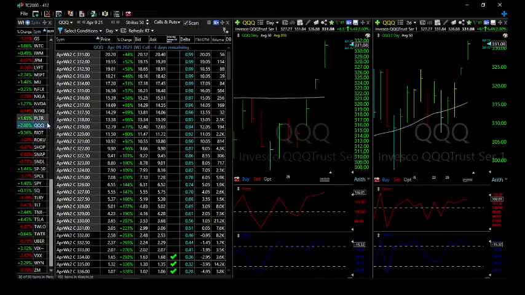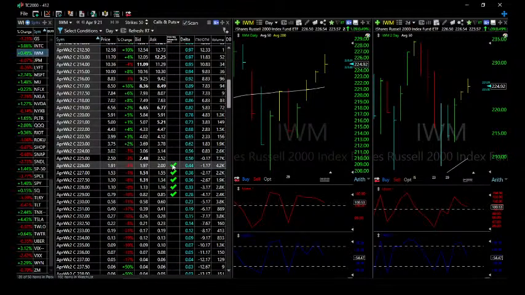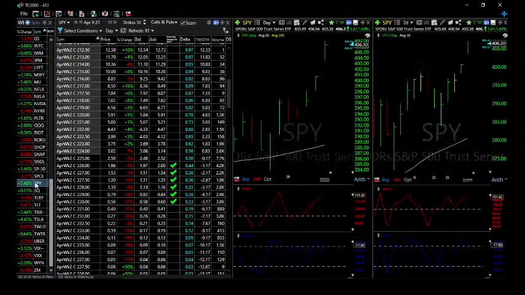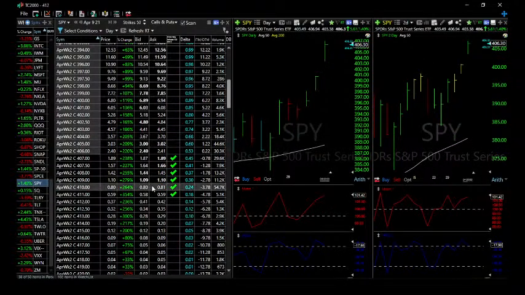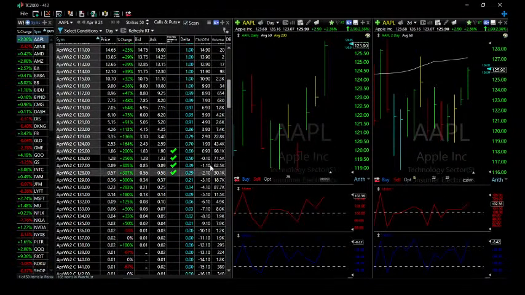So, the QQQ, the IWM, this is linked to the Russell 2000 index. These stocks trade to 415. All of the other stocks close at 4, like Apple. Even Apple's volume was high today. Look at that. The 125 call, 98,000 contracts traded today on this stock. Wow.